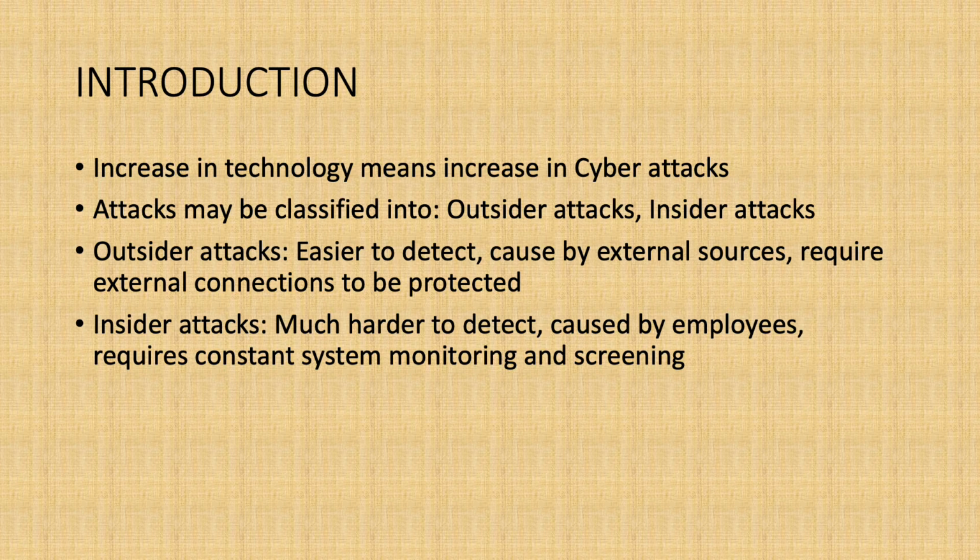Once people started to realize that there were these kinds of attacks, they segregated the attackers broadly into two main types. One type was known as outsider attacks, where the person accesses the system or the database from an external network.